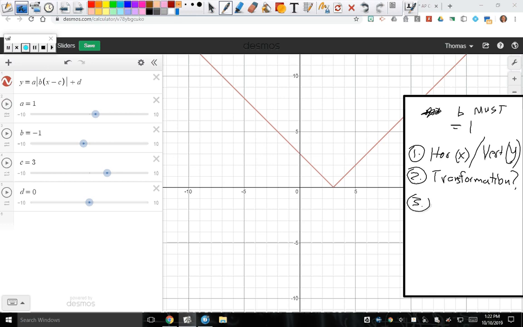And then third, if it's x, what do we do? If it's x, what do we do? Oh, you do the opposite. Yep. Otherwise, aka x, we do the opposite.